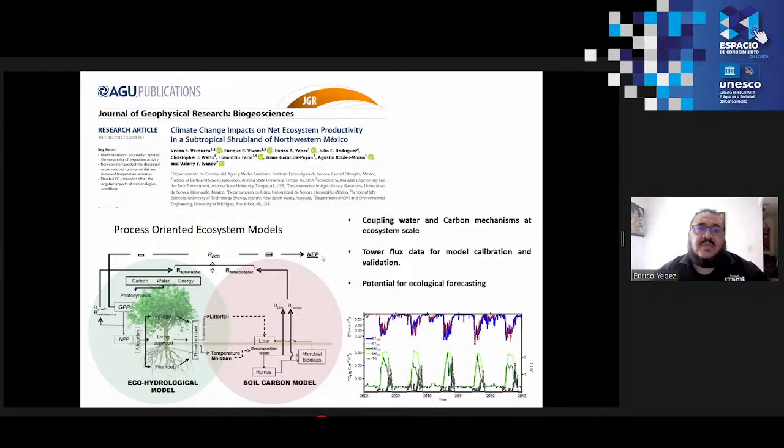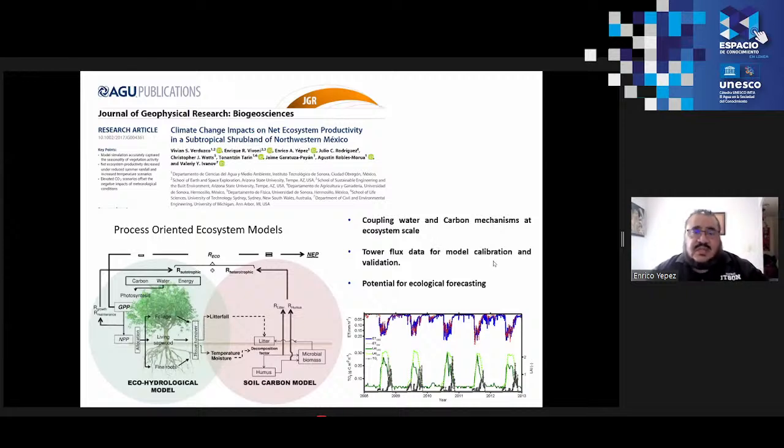And the way to do this, we try to parameterize and to calibrate and use an ecohydrological model coupled to a soil carbon model, so we can predict or model one of our key fluxes, the net ecosystem production, again the net carbon exchange, after understanding the processes of primary production, the processes of respiration, not only in the vegetation but also in the soils, so we can couple the whole ecosystem as a CO2 and water exchange system.